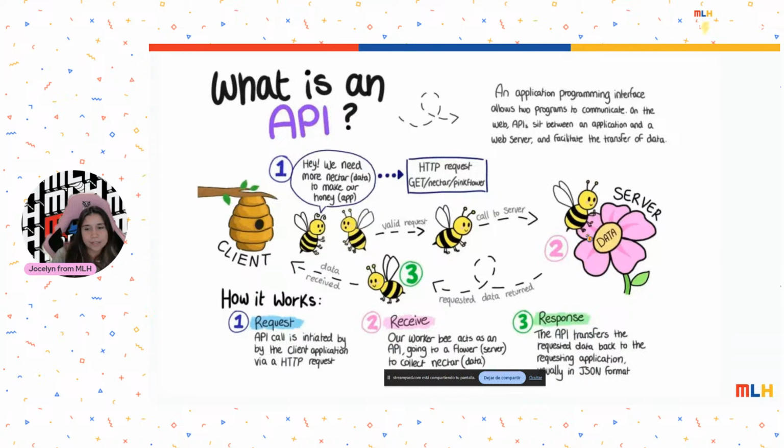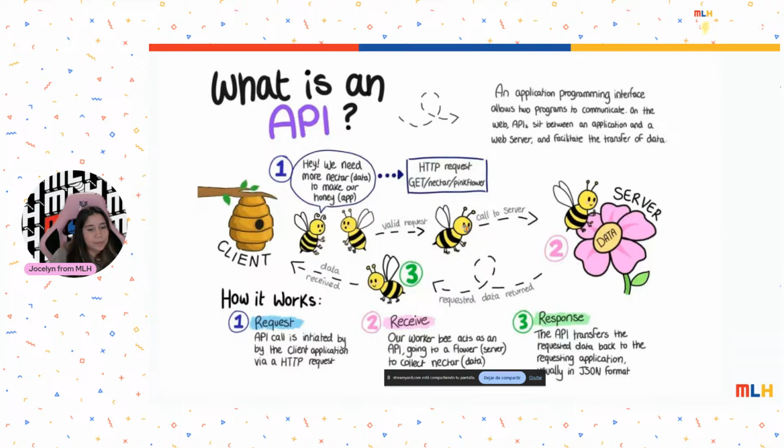The server is the flower, because a flower has a lot of nectar, which means a lot of data. So the helper bee will go back and say, okay, I have my nectar ready, and go back to the honeycomb to deliver the data, which is the pollen or nectar.